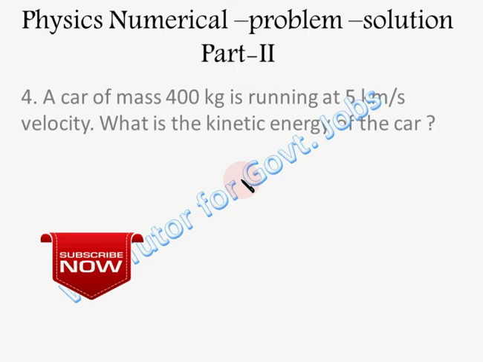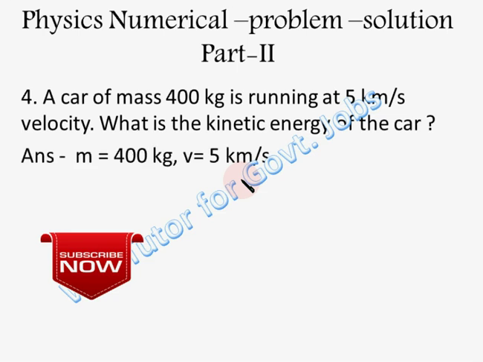Next, a car of mass 400 kg is running at 5 km per second velocity. What is the kinetic energy of that car? What do we have here? M, the value of M is 400 kg and the value of V is 5 km per second.